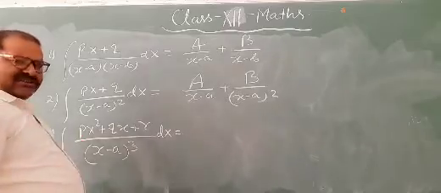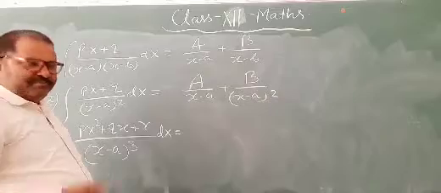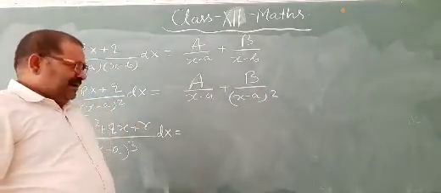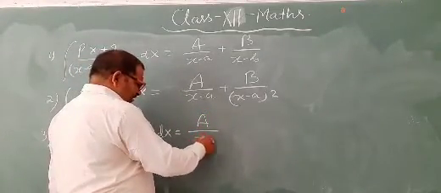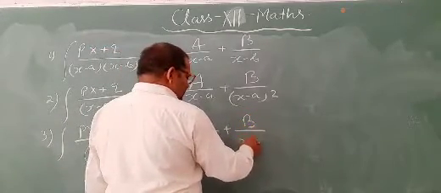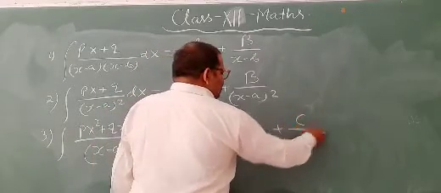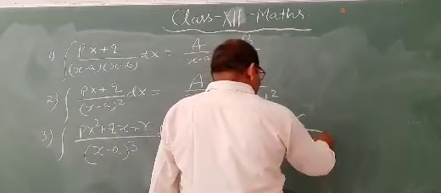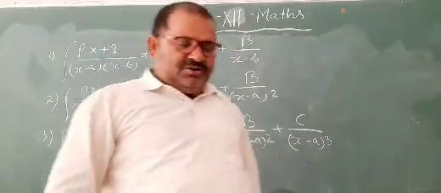This rational fraction is converted into the partial fraction: a upon x minus a, b upon (x minus a) square plus c upon (x minus a) cube.